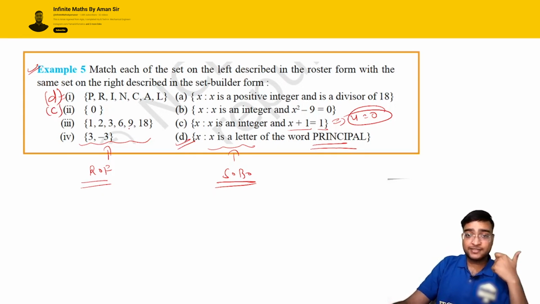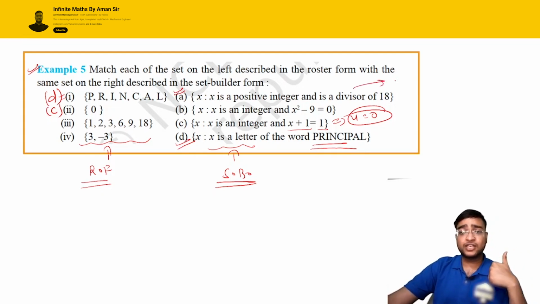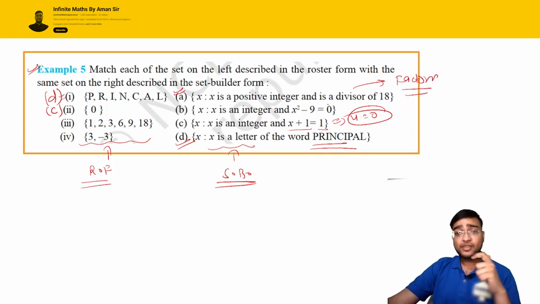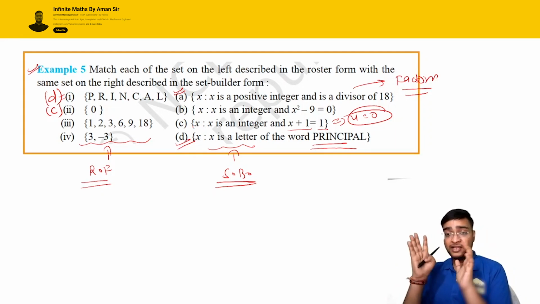1, 2, 3, 6, 9, 18. You can take a look at the A option. A is a positive integer and a divisor of 18. Divisor means the number which can divide 18 with no remainder.